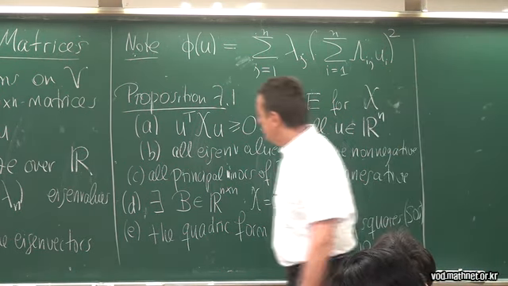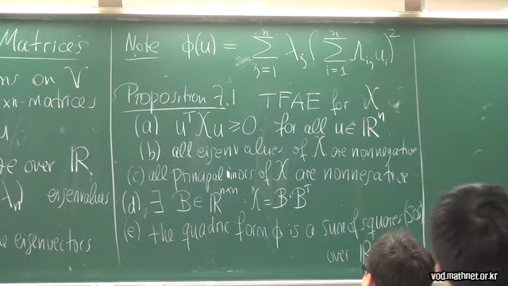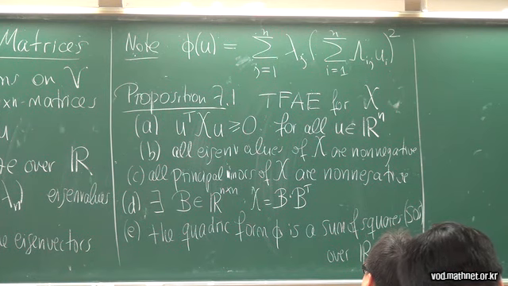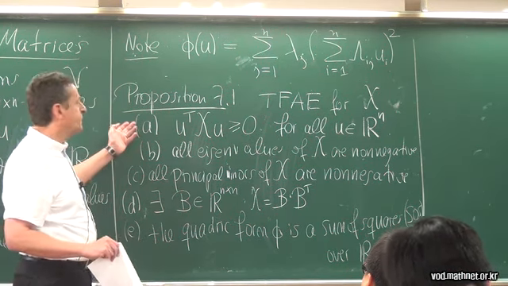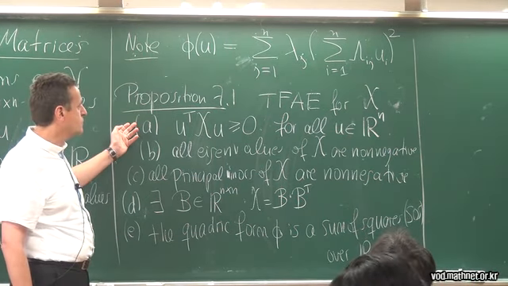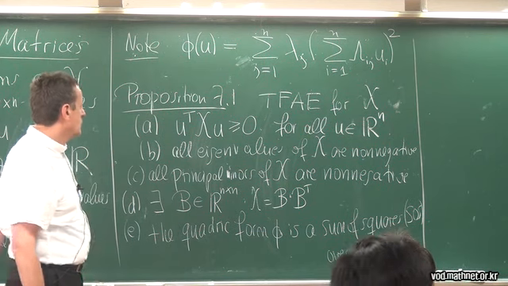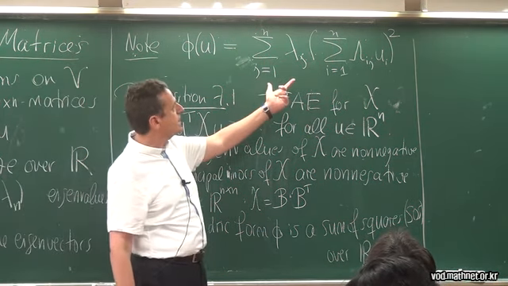So let's look at these. Some of these equivalences are pretty immediate from what we've done here. For example, if phi is a sum of squares, then obviously it's non-negative. But for quadratic forms, the converse also holds. So you look at this representation.